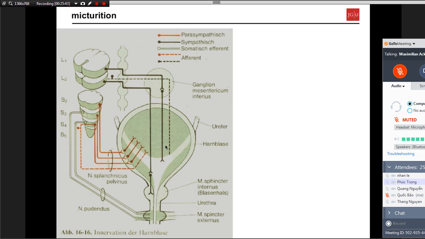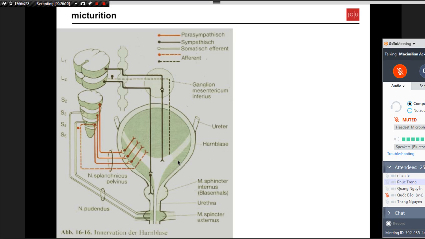So micturition is predominantly mediated by parasympathetic fibers. You see that here from the sacral cord, coming from the pelvic splanchnic nerve. This goes to the detrusor muscle, and the pelvic splanchnic nerve does the contraction of the vesical bladder.